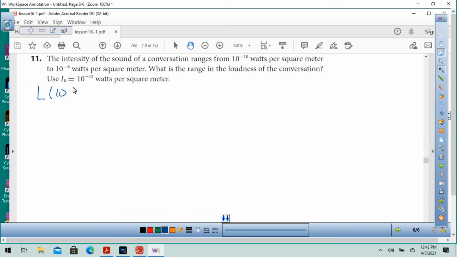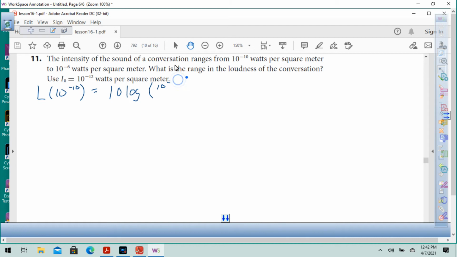Loudness for 10 to the negative 10 is 10 log of 10 to the negative 10 over 10 to the negative 12, which is going to be 10 log of 10 squared.